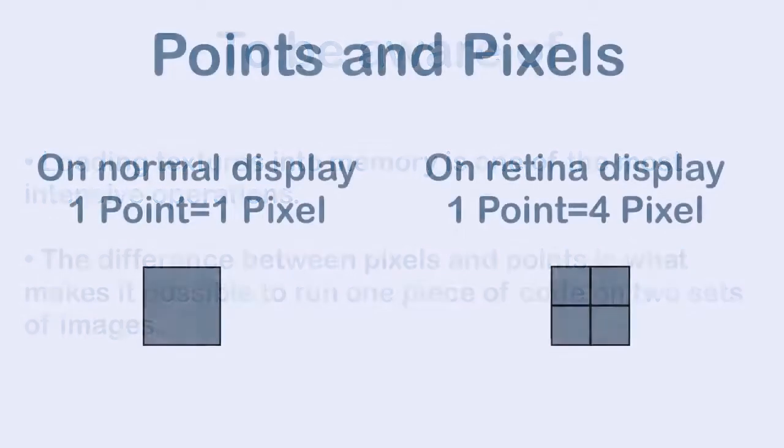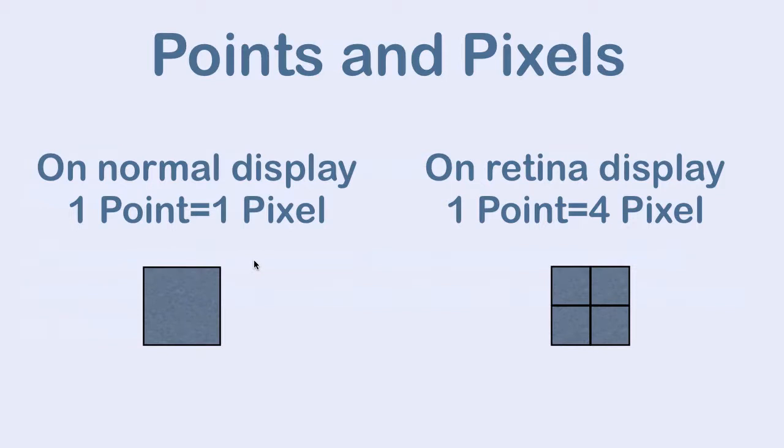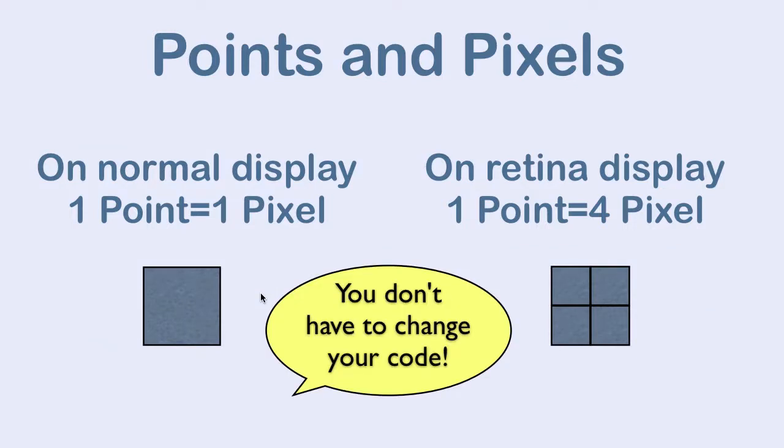As you can see, on a non-Retina display, 1 point equals 1 pixel, but on a Retina display, 1 point equals 4 pixels. As you can see, a pixel is much smaller on Retina than on non-Retina, but the points are exactly the same. And that means that you don't have to change your code. As I said before, the code works with points.